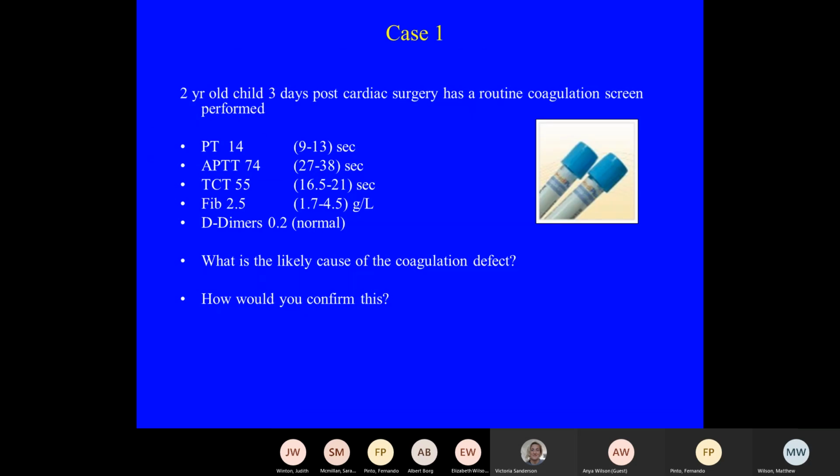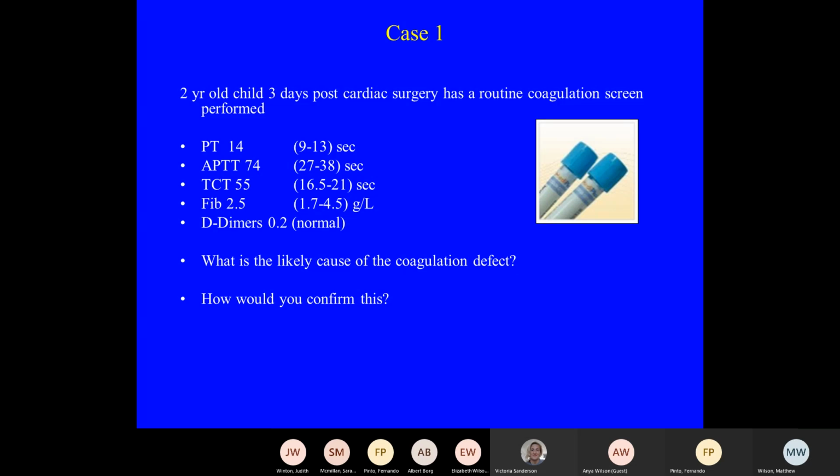So we're just going to go to the cases, and I'll try to be perhaps more brief now, but I will need your help with that. So this is a 2-year-old child who is 3 days post-cardiac surgery and who has a routine coagulation screen done. He has a PT of 14, an APTT of 74, a thrombin time of 55, a fibrinogen of 2.5, and normal D-dimers.